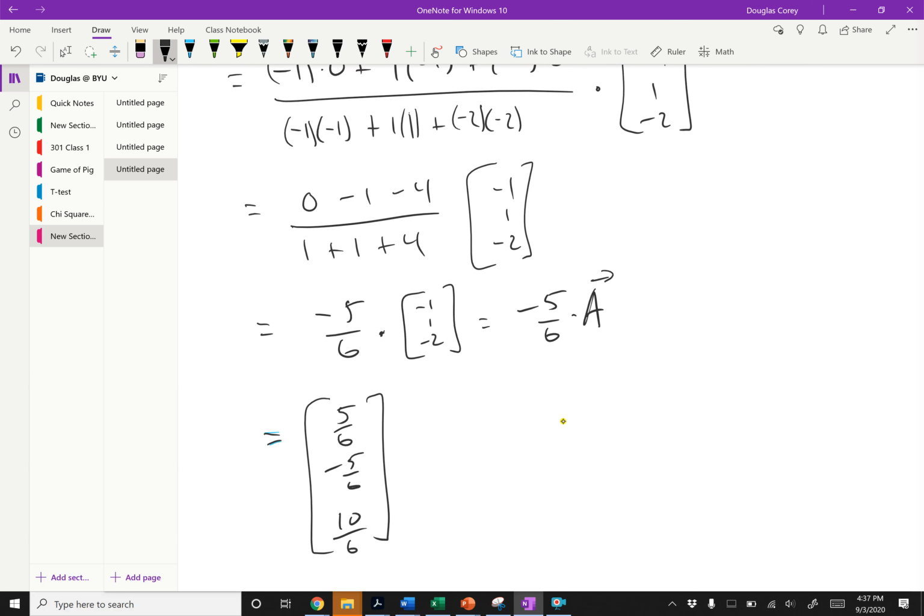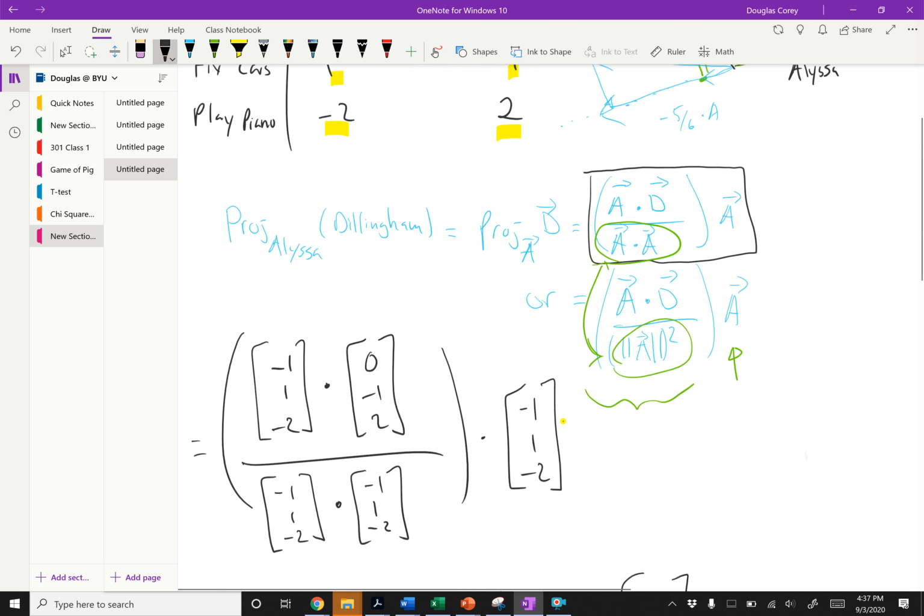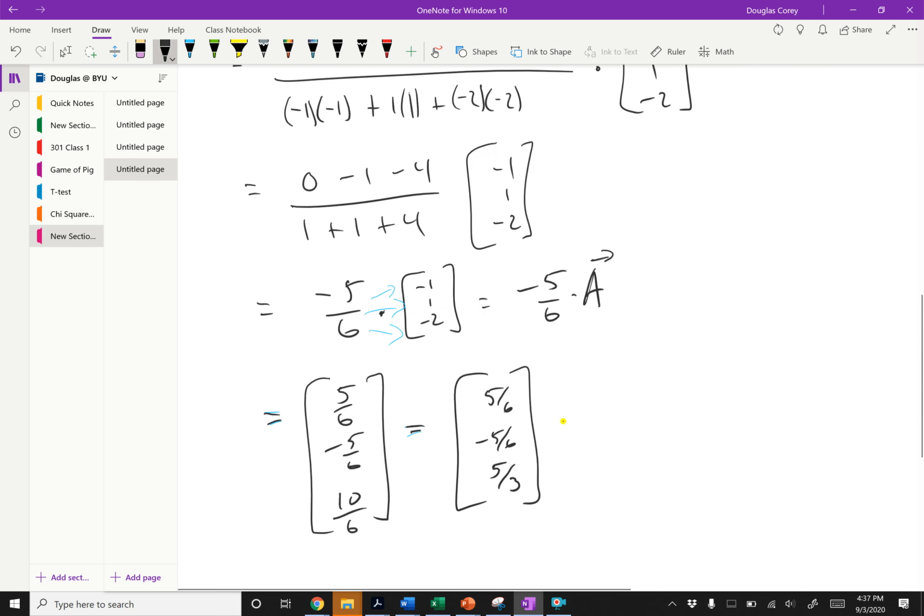So this is just a minus 5/6 times -1, a minus 5/6 times 1, and a minus 5/6 times -2. And that can simplify: 5/6, minus 5/6, and 5/3. So that would be the projection, Dillingham's projection onto Alyssa's vector. So thanks.